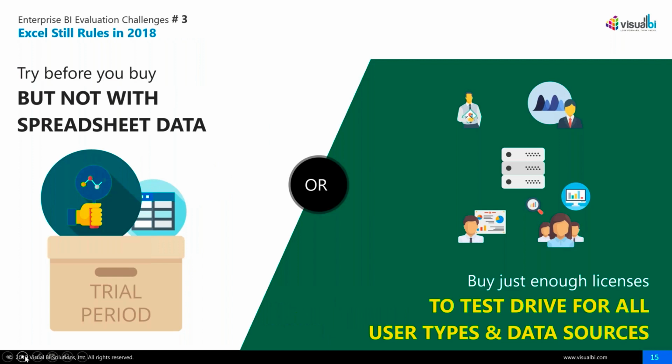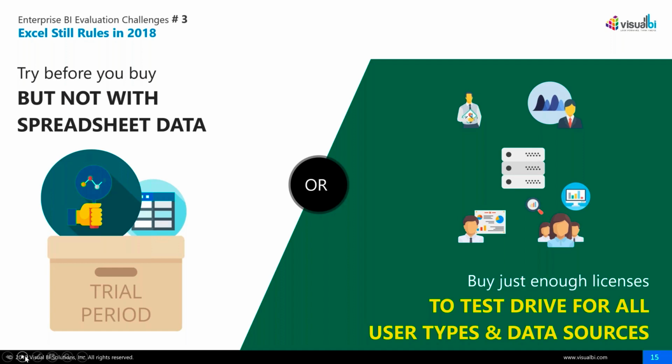The third one is, a lot of times when you're doing a tool evaluation or vendor evaluation, predominantly we see that the evaluation takes place with spreadsheet data. It's good and bad, but then they do a great POC and then they buy 1,000 licenses of something because everything worked with the spreadsheet.